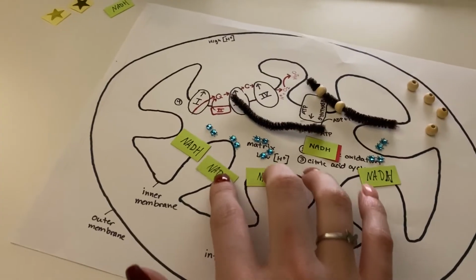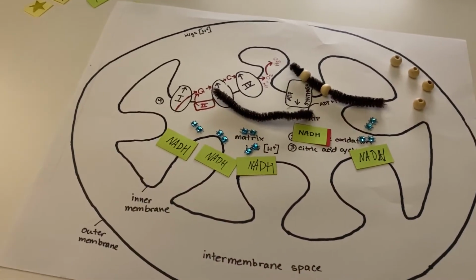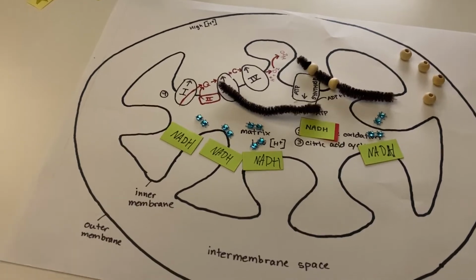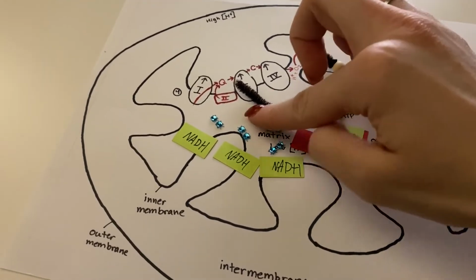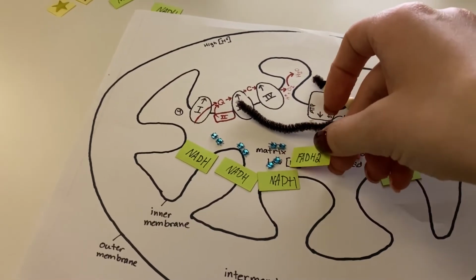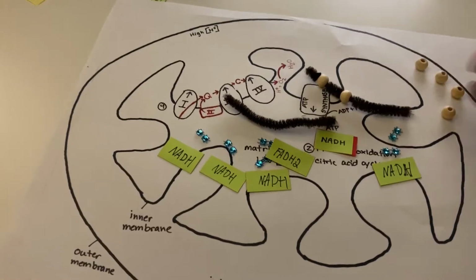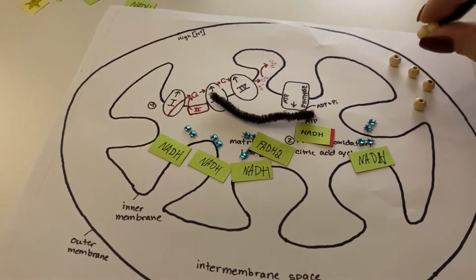So now there are 3 NADHs. And then an FAD comes in, which is another electron carrier. That comes in and also takes 2 electrons, and then reduces into FADH2. And keep in mind that we have 2 of these acetyl-CoAs, so this happens once more.